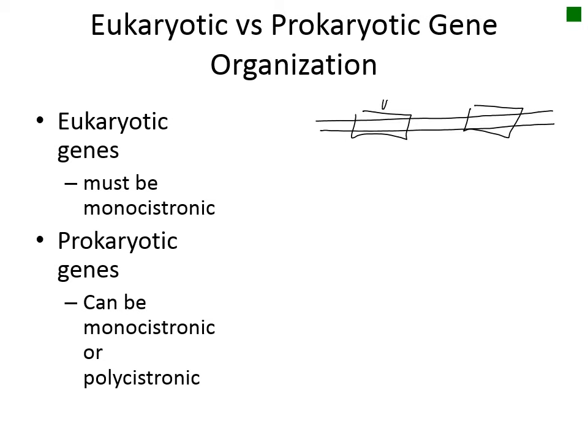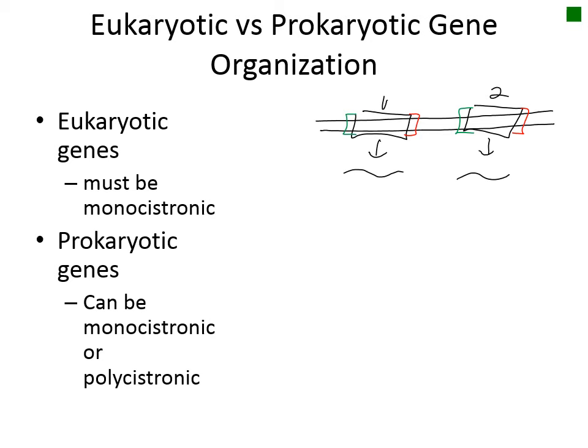Gene 1 and gene 2, each with their own promoter and their own terminator. This means that each gene is transcribed into a messenger RNA which encodes for only one protein.